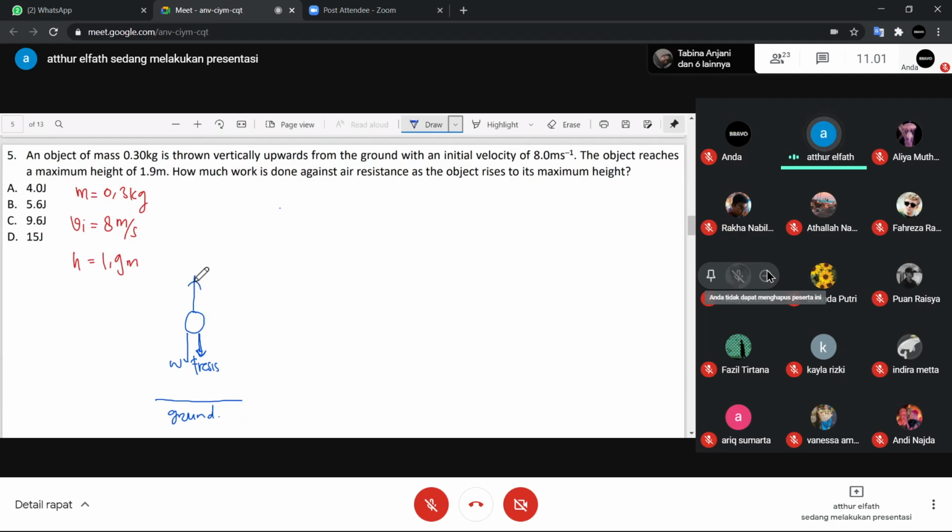So is there any force directed upward in this case? No force is directed upward. Only two forces act on the ball: the weight force and the resistance force. This is just a symbol of the motion of this ball, the direction of velocity.